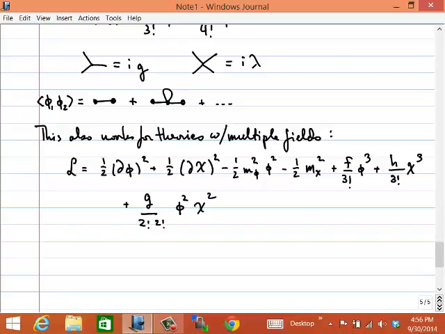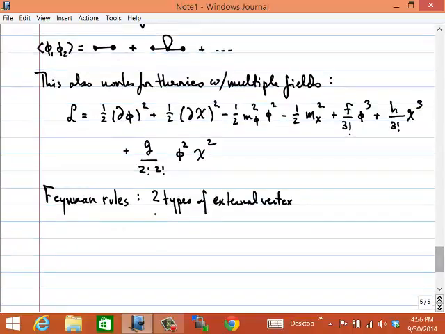Okay. So now if you write down the Feynman rules for this theory, we now have two types of external vertex and two types of possible propagator.